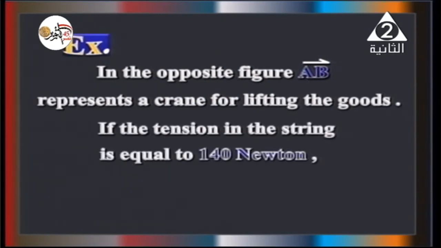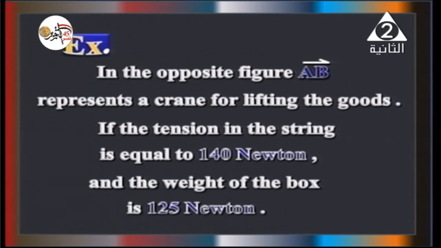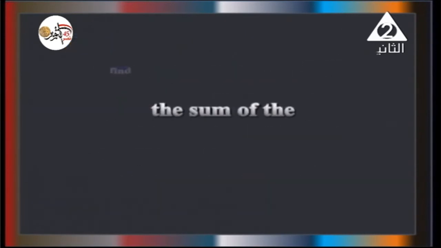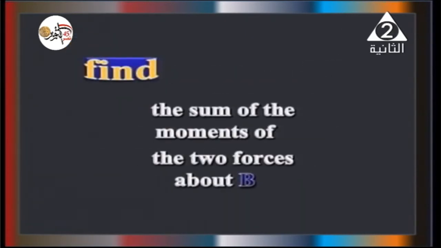If the tension in the string is equal to 140 Newton and the weight of the box is 125 Newton, find the sum of moments of the two forces about B.